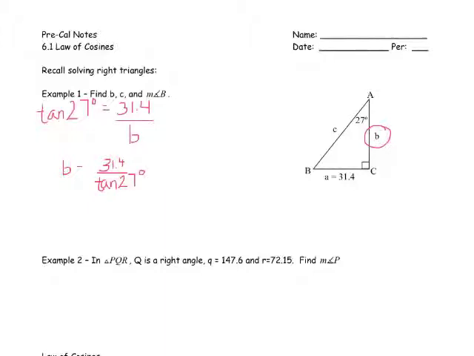So we type that into our calculator using degree mode. So go ahead and type in 31.4 divided by tangent 27. And I get 61.626. So we use the approximately sign, 61.626.